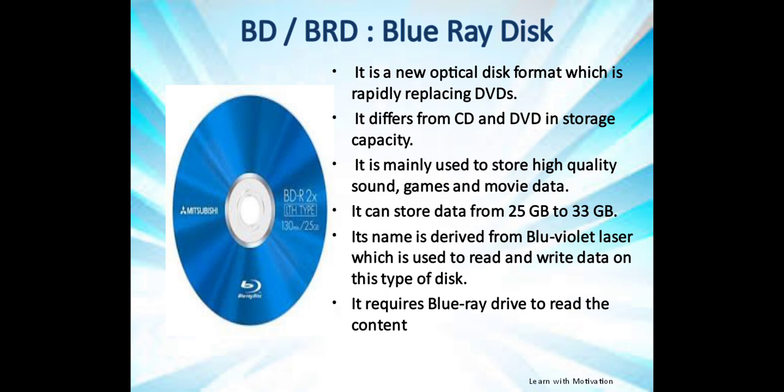BRD can store 25 GB to 33 GB of data. It is mainly used to store high quality sound, game and movie data. Its name is derived from the blue-violet laser, which is used to read and write data on this type of disk.